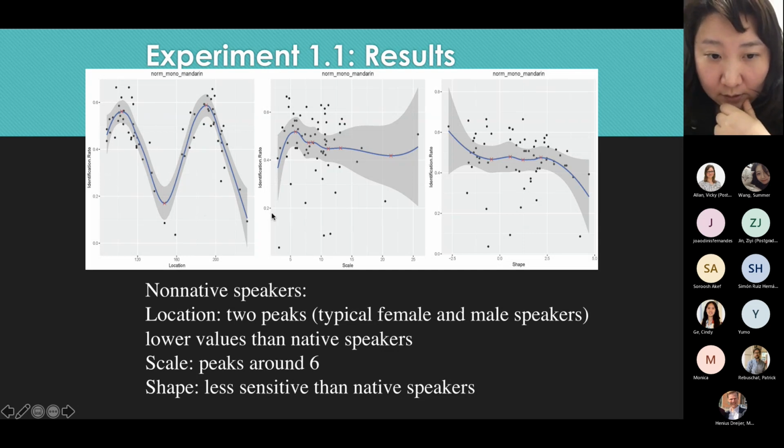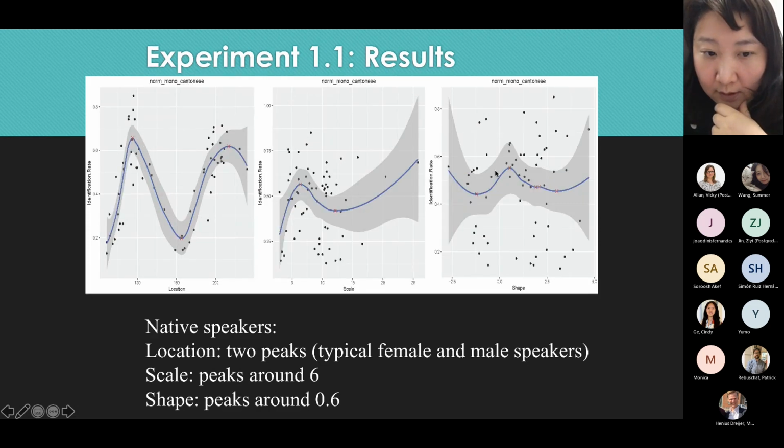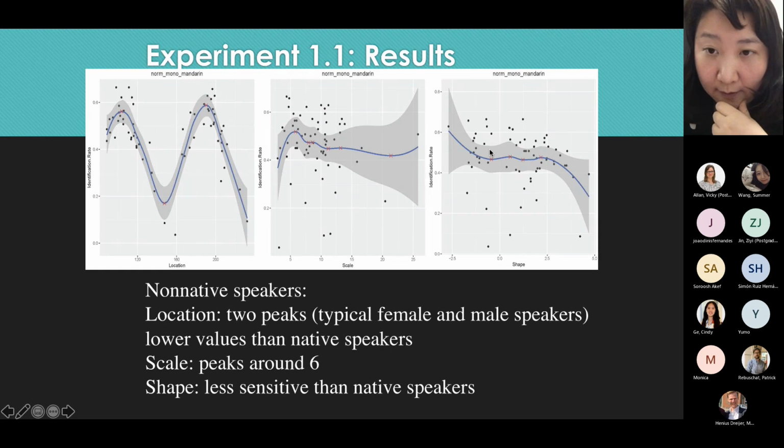And also, if you look at the shape parameter here, compared to the native speakers, where you see a quite obvious peak, for the non-native speakers we see a relatively flat curve for the shape parameter.